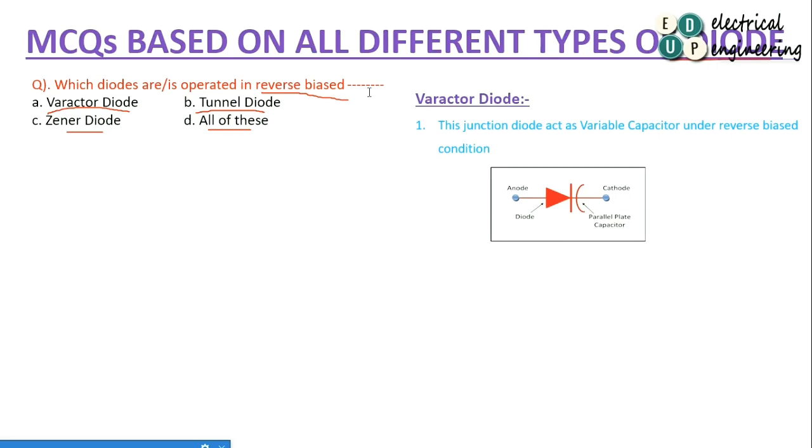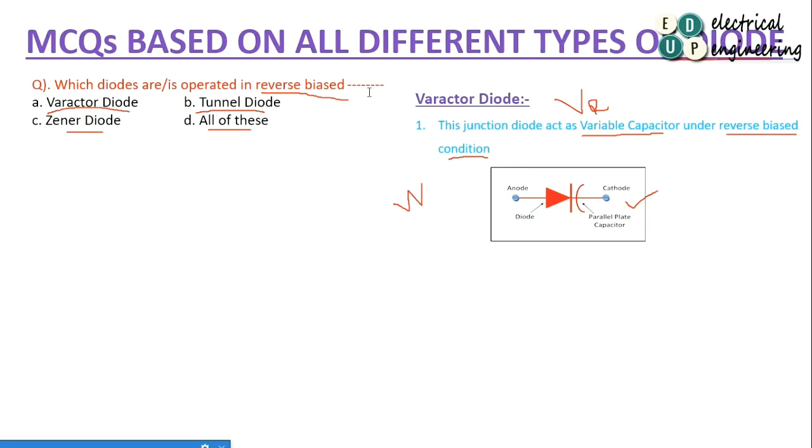Now know about the varactor diode. It is the symbol of varactor diode. A varactor diode is a diode whose capacitance varies with the variation of reverse voltage, and the junction diode acts as a variable capacitor under the reverse bias condition.